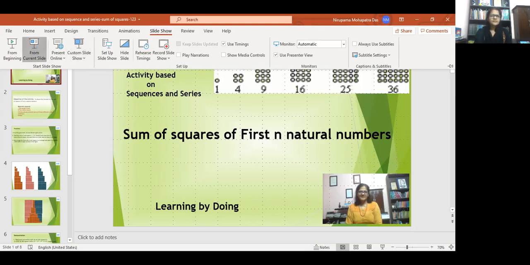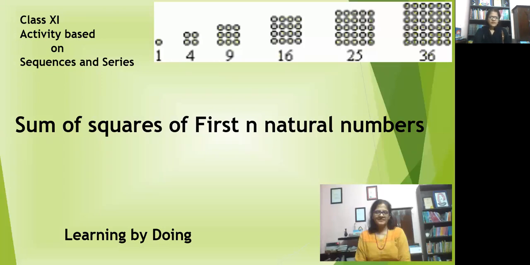So it is basically the sum of the squares of first n natural numbers.